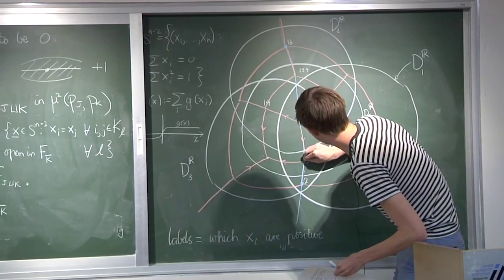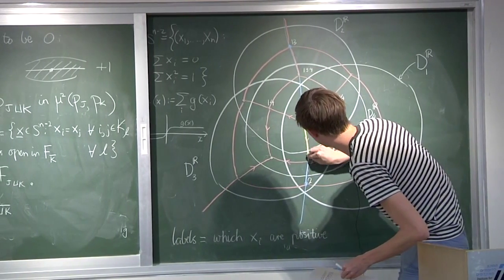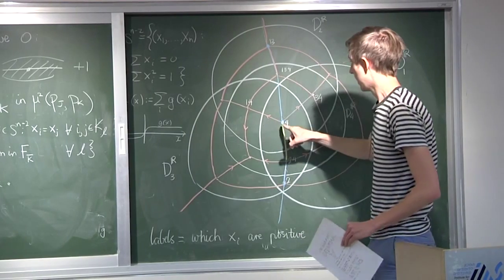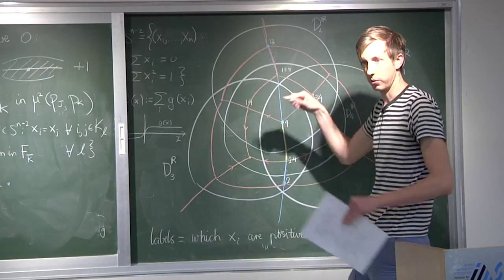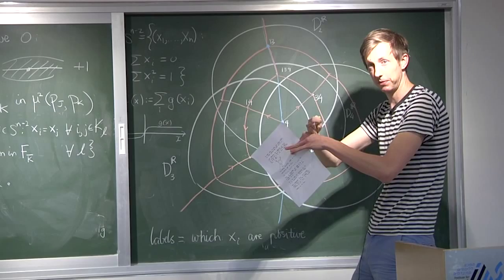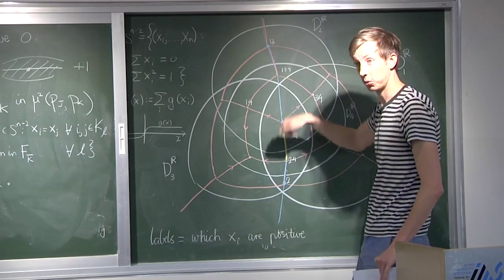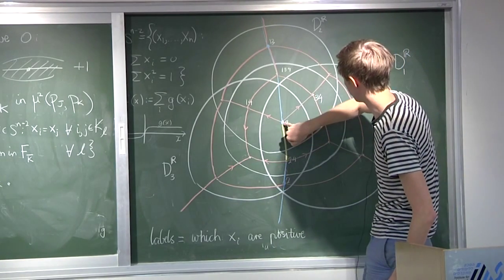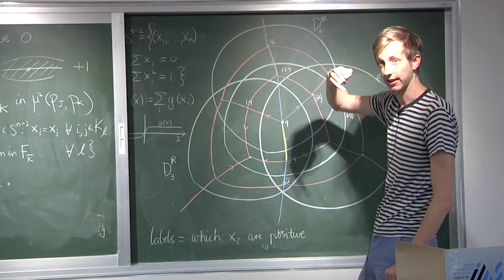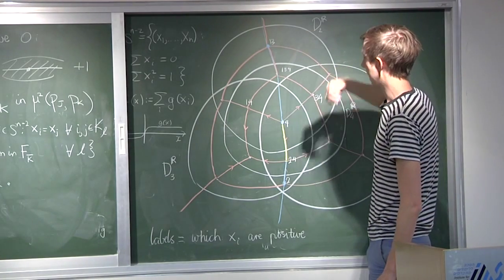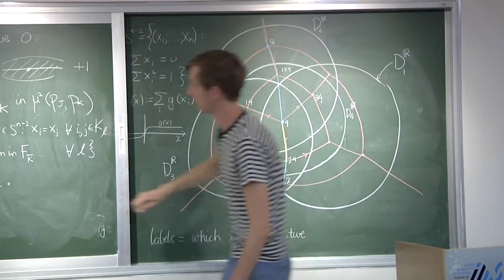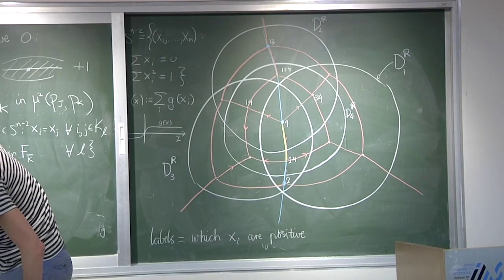We have to cross negatively, so we go in this direction. And then at this point, we have this self-intersection. So that means we have to switch to the other sheet, which is opposite to this one. That's at infinity.